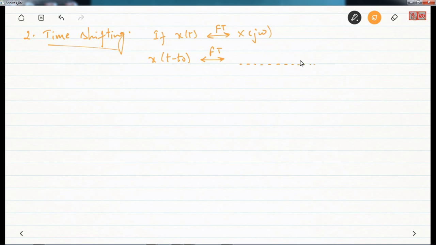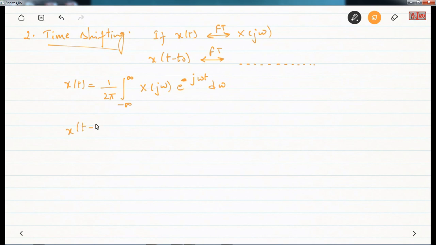Let's denote this as blank. Okay, so you can try doing this. I'll give you the first step. So this is nothing but X of j omega, sorry, there is no minus, e power j omega t d omega.